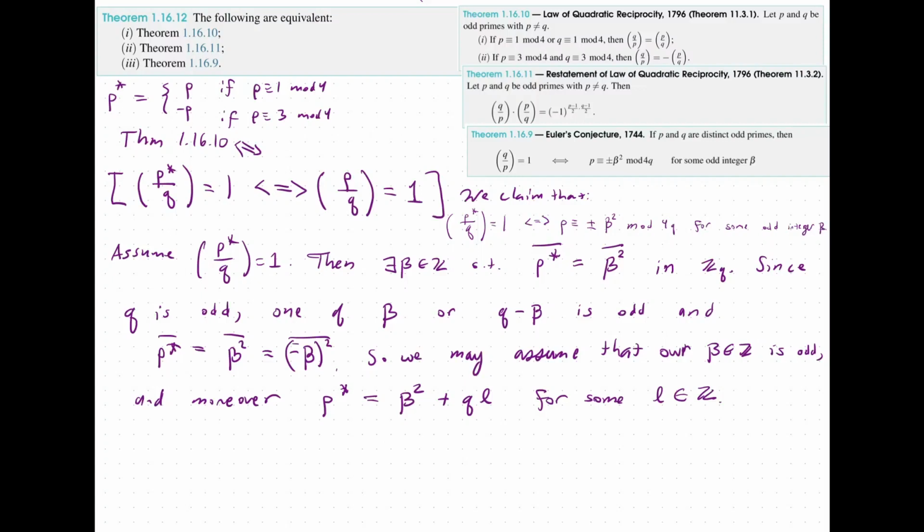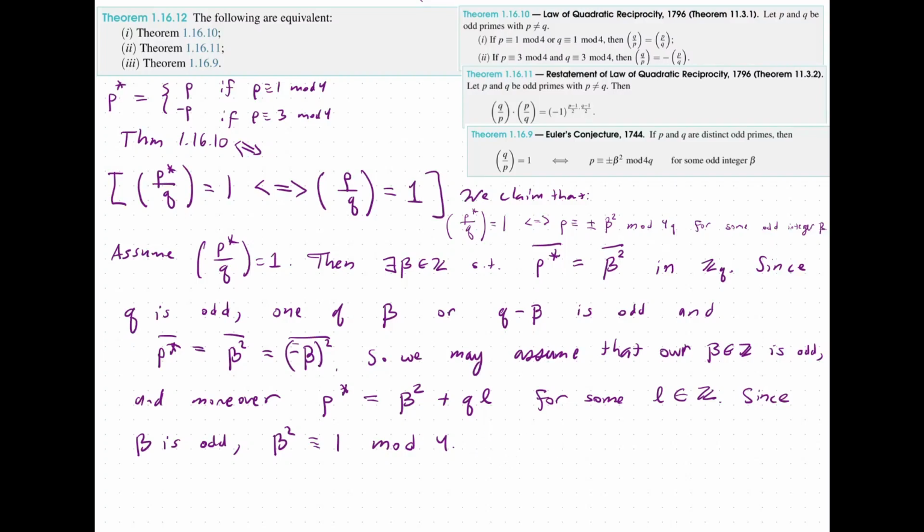But we know that beta is odd. So since beta is odd, we have that beta squared is congruent to 1 mod 4. Now comes the Chinese remainder theorem. Actually, hold on, I'm jumping ahead.